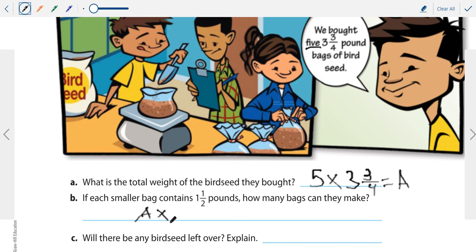All right. No, I'm sorry, we're not multiplying. We will be dividing. Okay. So we'll take our answer from up there, and then we will divide it. All right, we're cutting it into 1 1/2 pound bags. Okay. All right, and so that should get you going on 6.